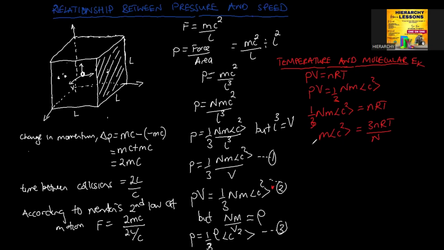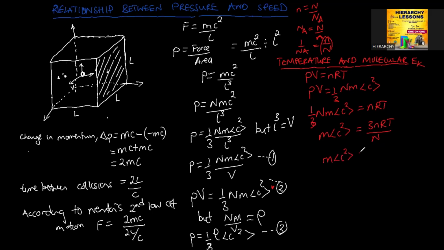The number of moles is equal to the number of particles over Avogadro's constant. So Avogadro's constant is equal to the number of particles over the number of moles, which means the number of moles over the number of particles is 1 over Avogadro. We just replace it here.